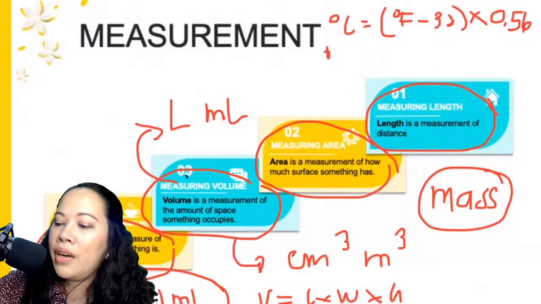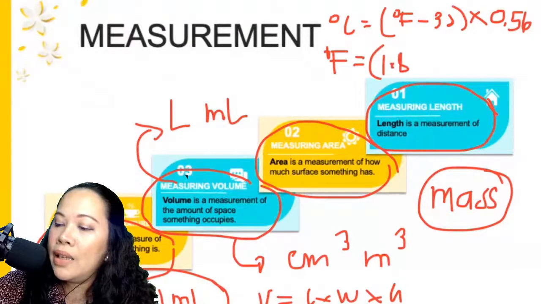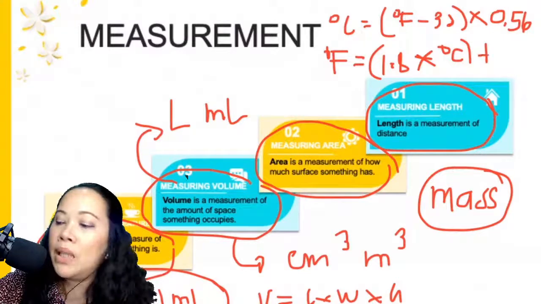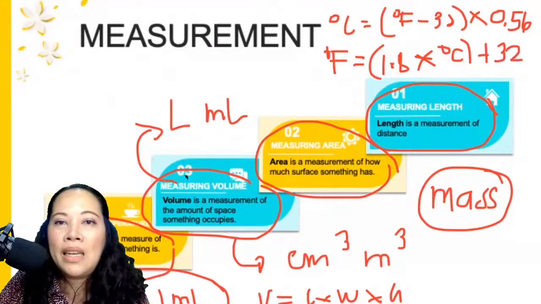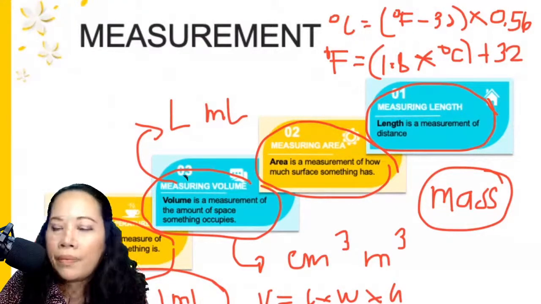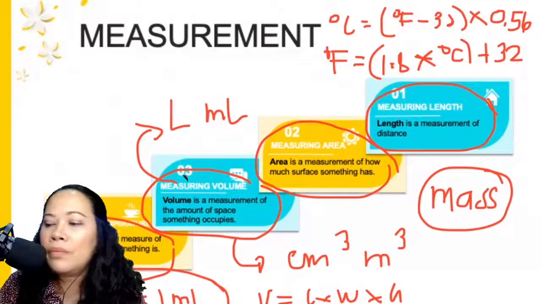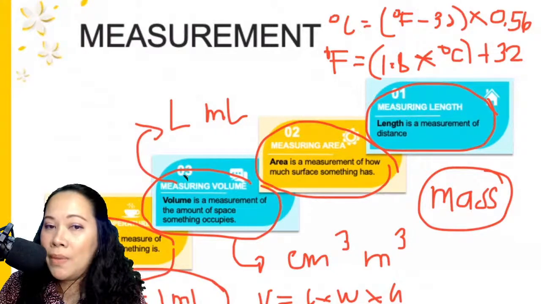And degree Fahrenheit would be 1.8 times degree Celsius, okay, plus 32. I hope you can still see it. Okay. So degree Fahrenheit would be 1.8 times degree Celsius plus 32.